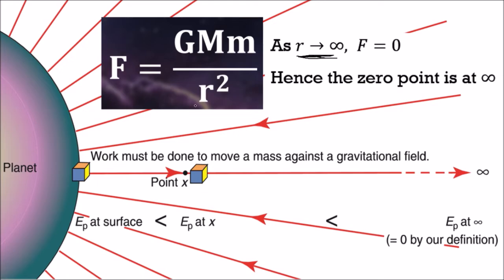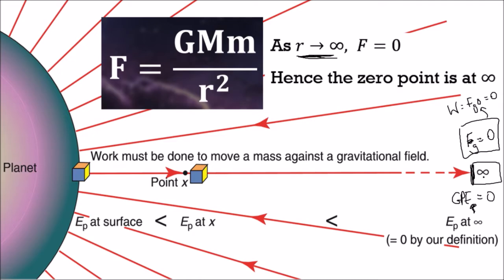Okay, so what we could say is potentially at a distance of infinity, which is, let's just say this random point here, the gravitational force is 0. Now, as a consequence, what that actually means is our work being done by gravity is also 0 here. Okay, so if gravity can't do any work at infinity point here, that probably suggests that gravitational potential energy, GPE, is 0 when r is infinity.